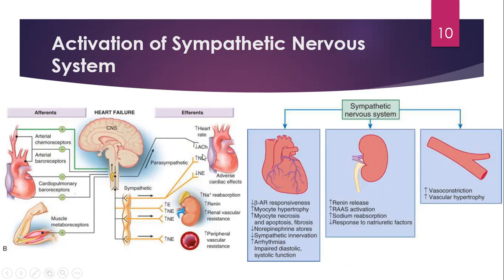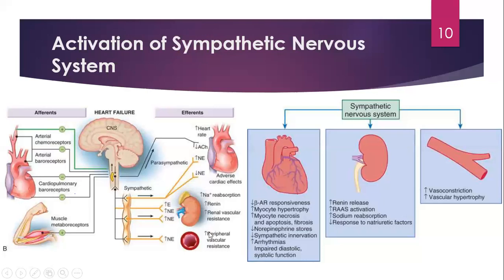Apart from the heart directly, another area where sympathetic stimulation produces important effects is the kidney. In the kidney, there is increased sodium reabsorption, increased production of renin, and also increased resistance in the renal vasculature.